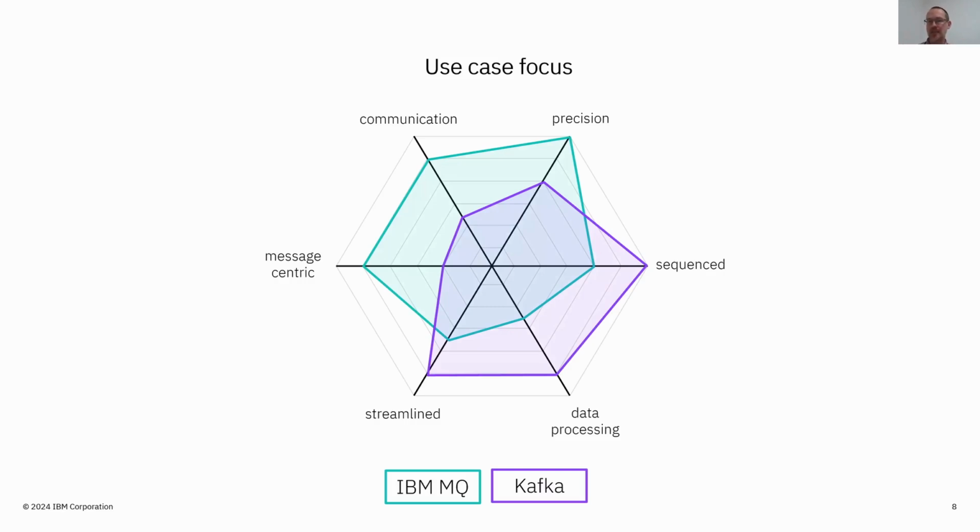Communication between applications is a very big thing, and obviously we're message centric. Whereas with Kafka, it's the sequence of data, the sequence of events that are important. Individual events themselves are not so significant, although they can still be useful. And it's definitely not communication, it's much more data processing based.